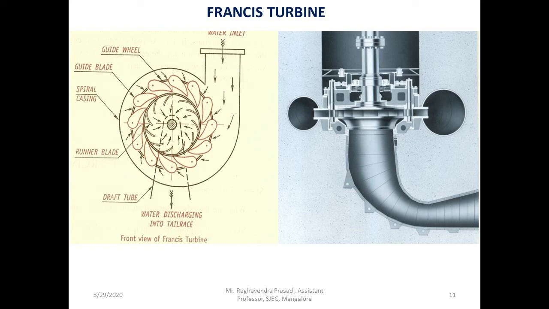So in order to avoid that, draft tubes are used. Draft tube will convert the kinetic energy which is not utilized by the turbine into pressure energy. This will increase the pressure and equalize it with the atmospheric pressure, and because of this the water will leave easily from the turbine and enter into the tail race.